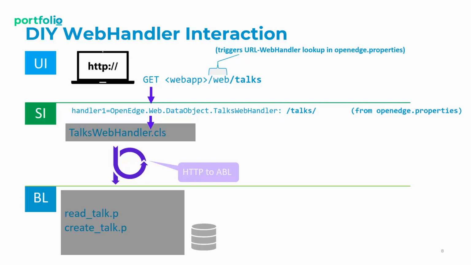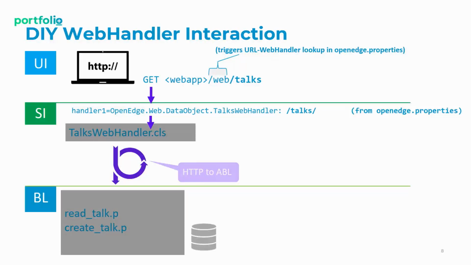And that has a list of lines like this one. So handler 1, a particular class name for a web handler class, and then a URL pattern. Once it knows it's web, it looks in that file, finds the appropriate web handler, instantiates this class, and basically passes the entire HTTP request to it. So this class can then look at the body, it can look at the HTTP headers, it can pull out path parameters that are passed in, and query string parameters.